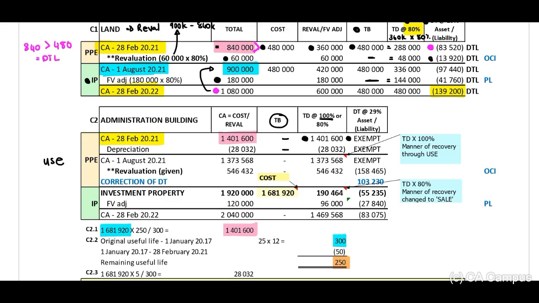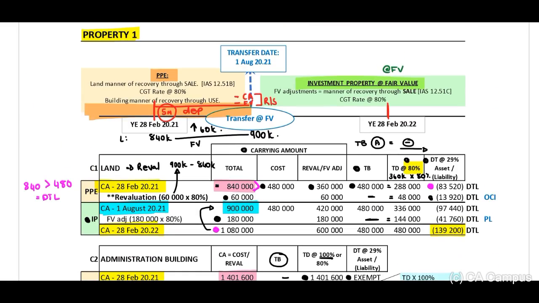exempt. Then depreciation, which will be the 1681920 times 5 months. Remember, if you look at our timeline at the top, we have identified that this will be 5 months from 1 March 20.21 until 1 August 20.21, 5 months.